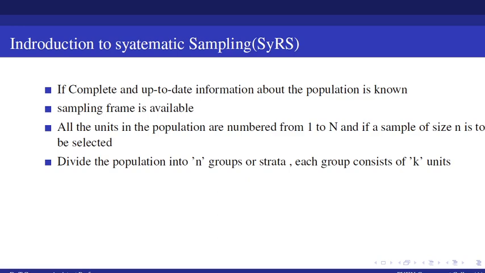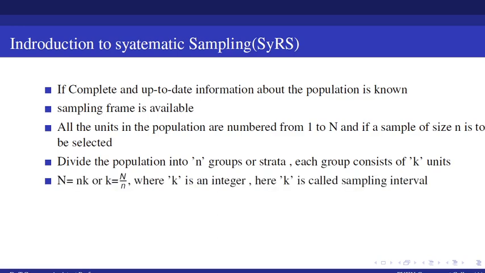That is, the population is divided into small n groups in such a way that capital N is equal to small n into k. Here our sample size is small n. K is the group size, such that k is equal to capital N by small n. Here k is an integer and k is called the sampling interval.